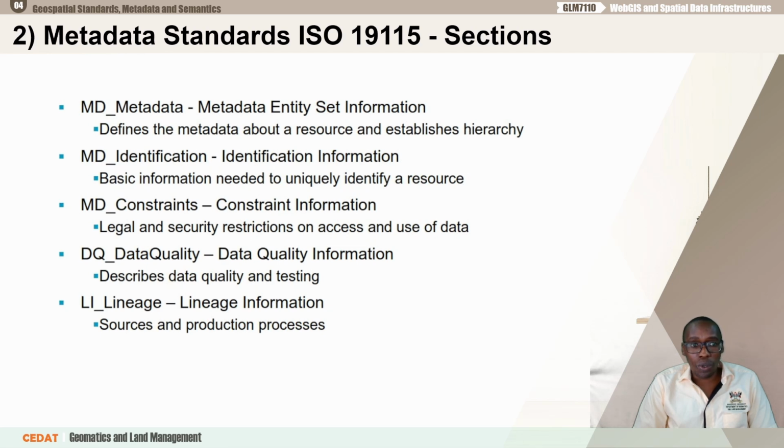And then we have constraints, so we have legal and security restrictions on the access and the use of data. And then the data quality, which describes data quality and testing. And then we have lineage information, which tells us about the sources and production processes.